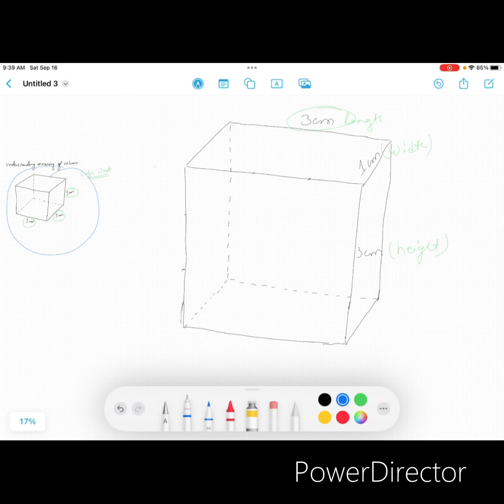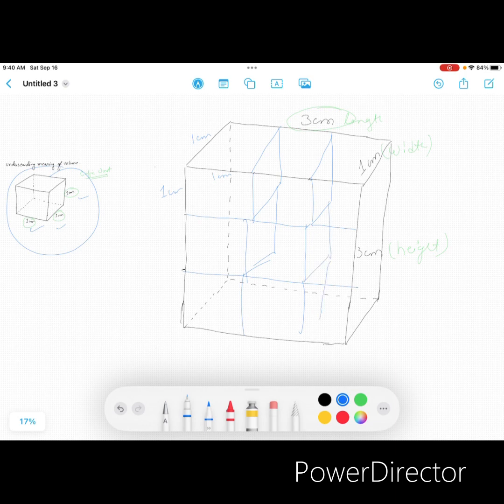You can easily see that I can fit one cube here because this is 1 cm, this is 1 cm, and this is 1 cm. All the 3 dimensions are same. So how many of this can we fit here? I can easily see that here I can fit 2 more here and 3 more on this and 3 more on this.